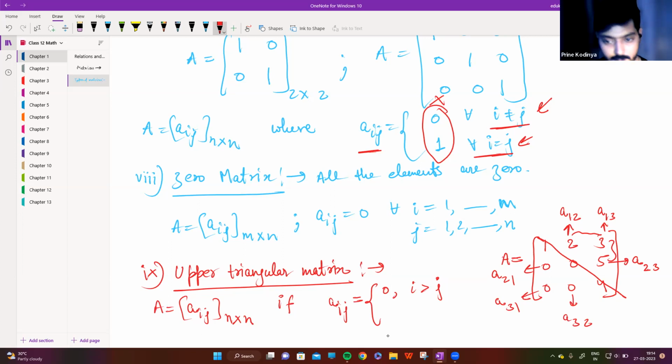Meaning if you put i as 2, then put j as 1, so A21. If you put i as 3, you can take j as 1 or 2. So all these elements must be 0.